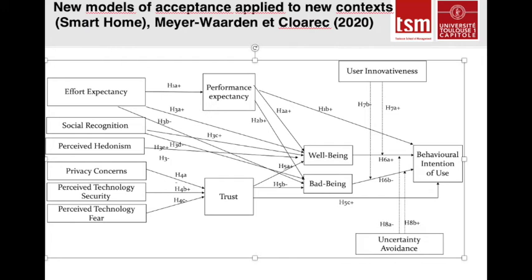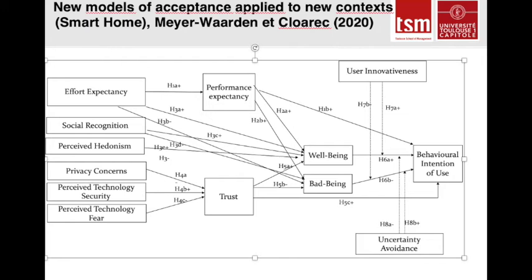So trust decreases bad being, because bad being negatively impacts behavioral intention of use of the smart home, which is intuitive. And user innovativeness has a positive impact on behavioral intention of use, as the more the users are open to innovation, the more naturally they are open to use a smart home.